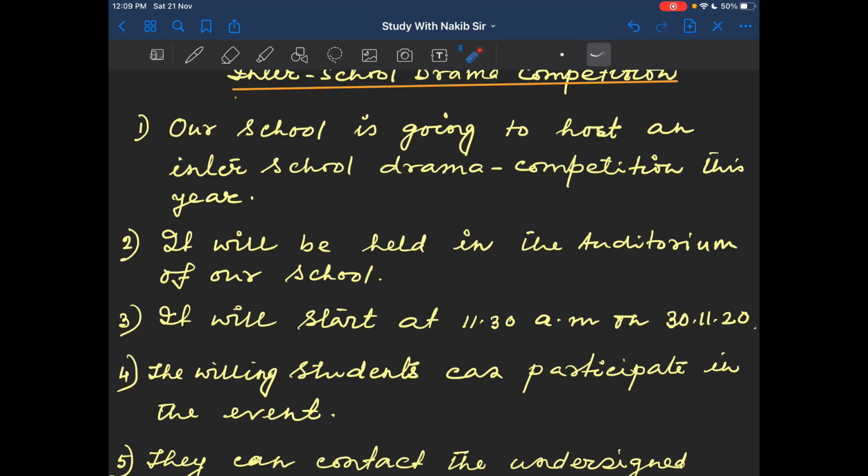But remember this, never mix up and merge all these 3 points in one sentence. 3 separate marks are given for 3 separate sentences, not for one sentence. If you merge and confuse and mix up all these 3 points in one sentence, you may lose 2 marks. One sentence means like this: our school is going to host an inter-school drama competition this year in the auditorium of the school on this at this.